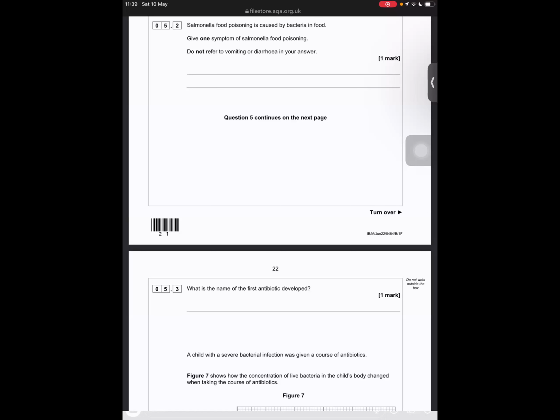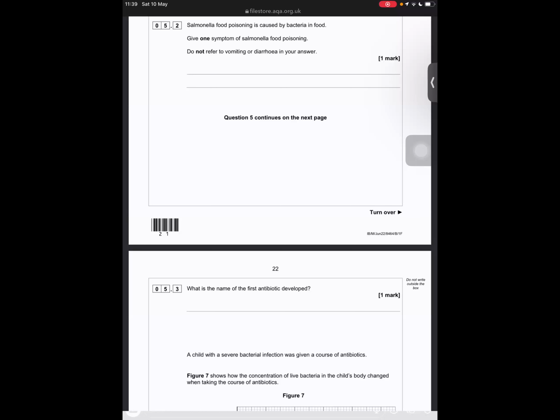It says a child with severe bacterial infection was given a course of antibiotics. Figure 7 shows how the concentration of live bacteria in the child's body changes when taking the course of antibiotics.